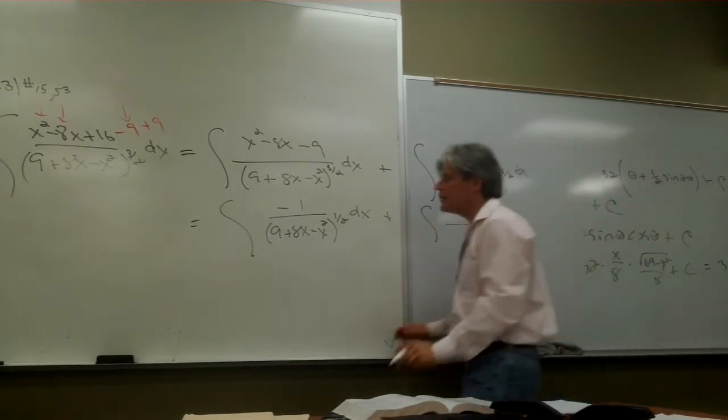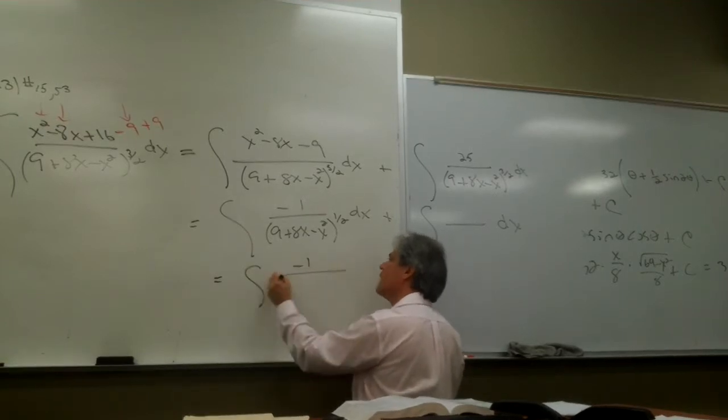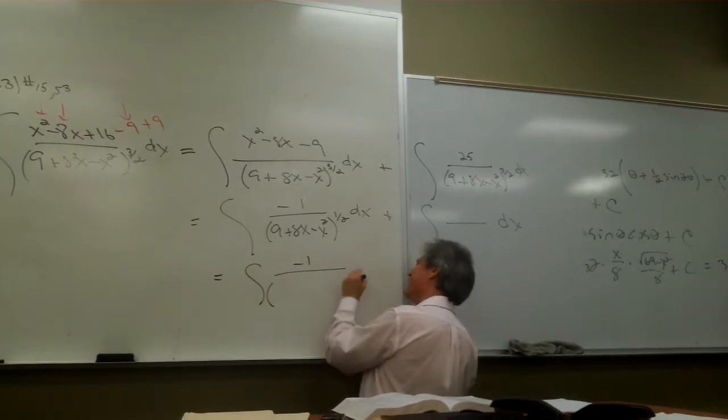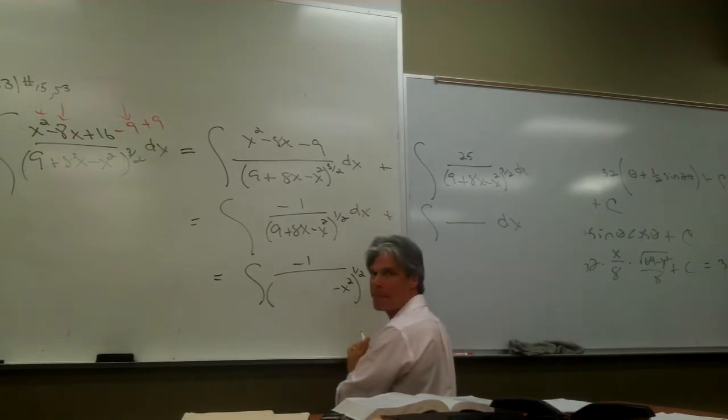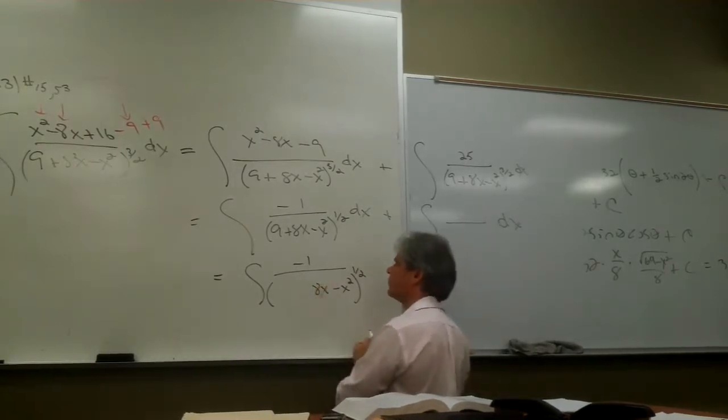Can you guys tell me how I'm going to complete the square on this? You want to make that a 15 or 16 somehow? Well, why don't you get rid of that negative? Or plus 7 minus 7?